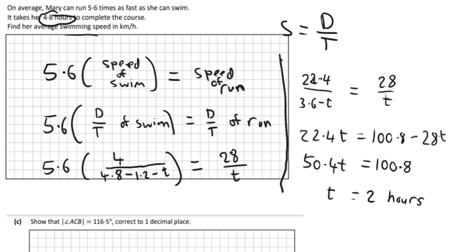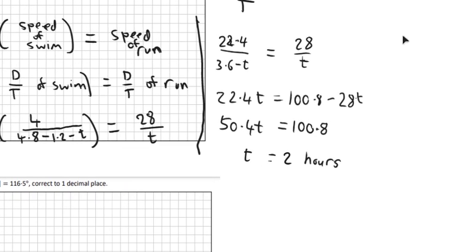So it'll be 4 over 4.8 minus 1.2 minus 2. So when you put all that in together, our final answer should be 2.5, and that's just kilometers per hour.